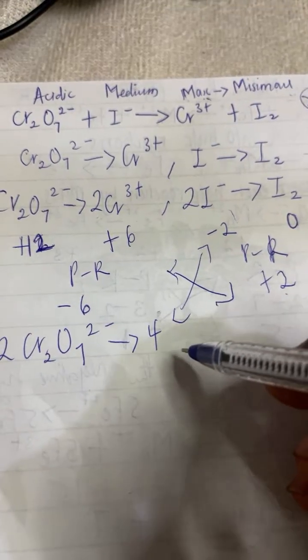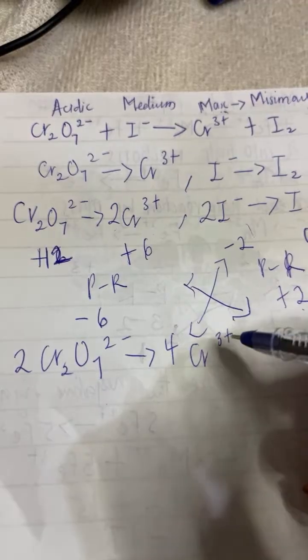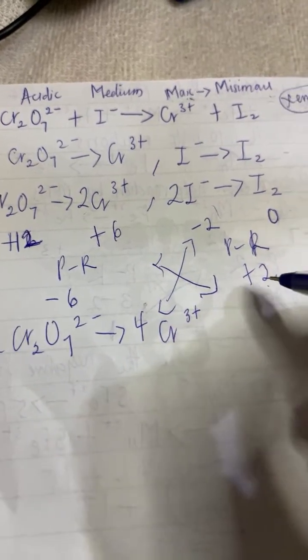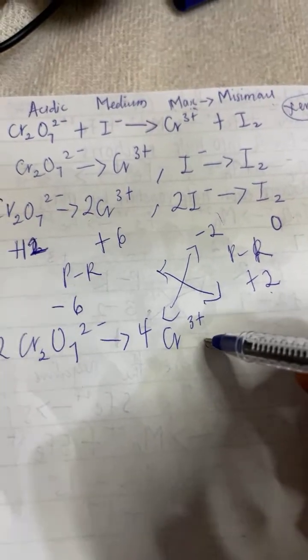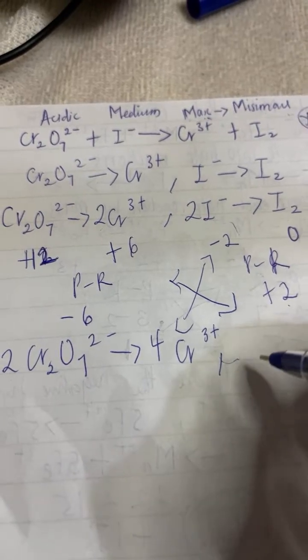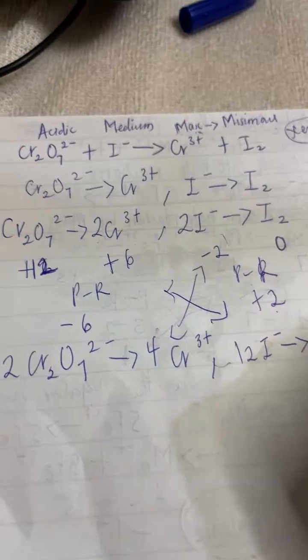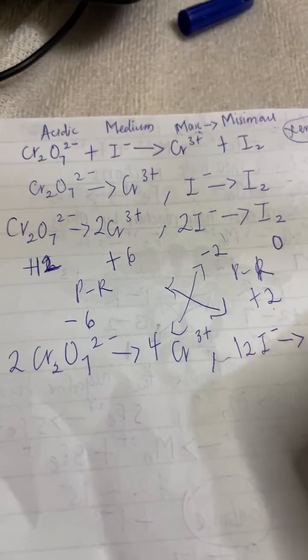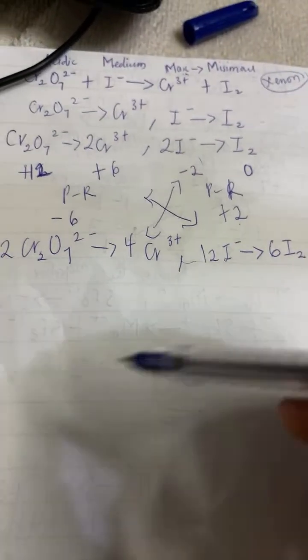We'll still divide through, but I just like using this method because it will not confuse the students. I'm using this 2 to multiply this, and then 6 to multiply this. You ignore the negative sign, right? So you have 12 I- to give us 6 I2. Are you guys following me?